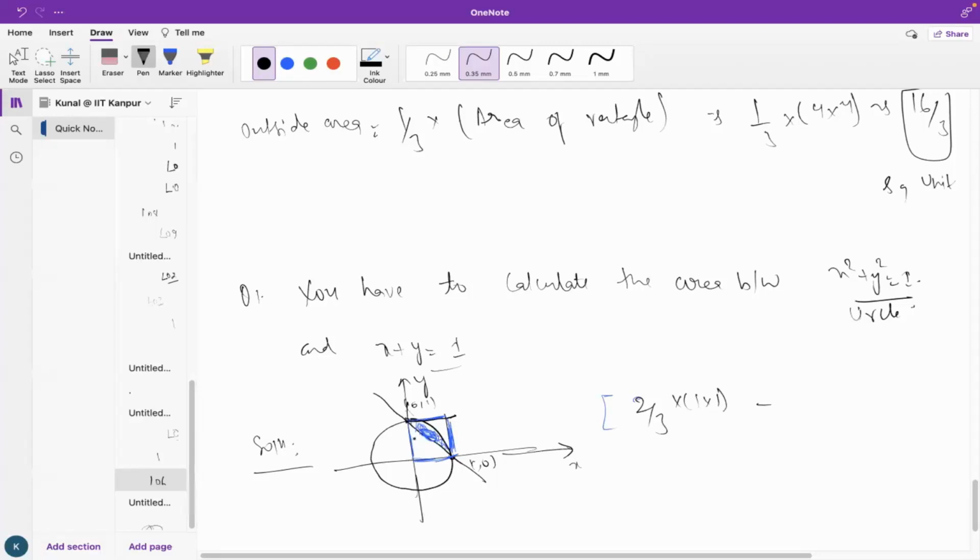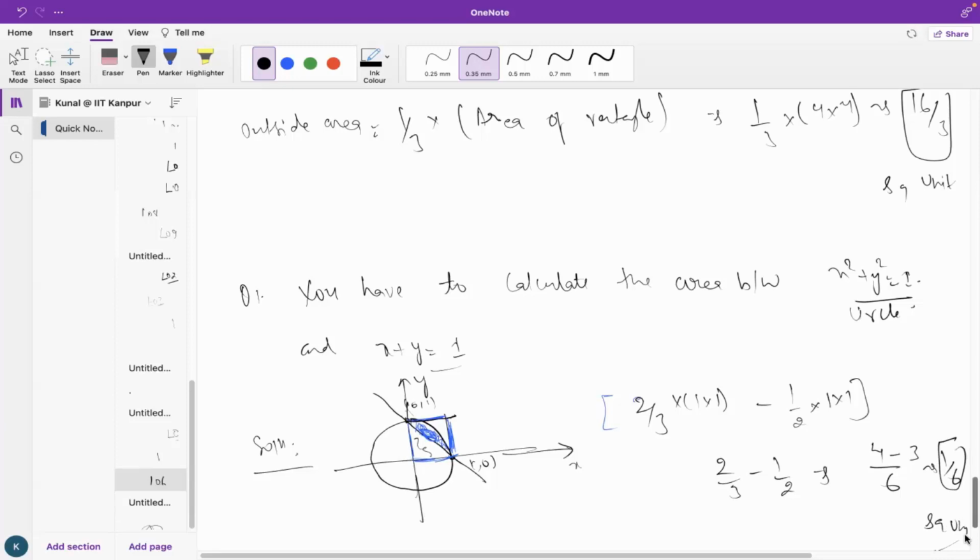But we have to subtract this area, which is the area of the triangle, which is half into 1 into 1. So we'll get 2 by 3 minus 1 by 2, and we will actually get 4 minus 3 over 6. So we'll get 1 by 6 square units.